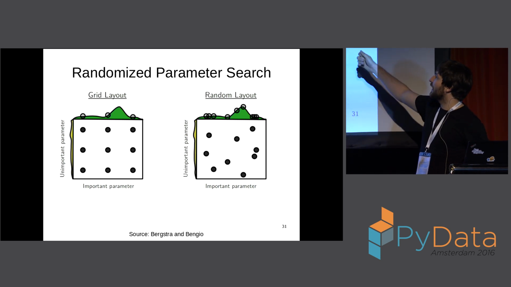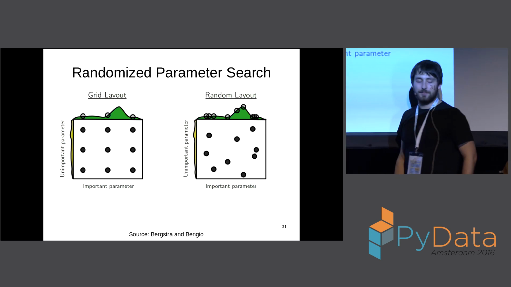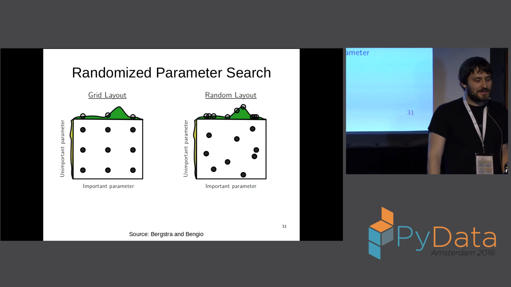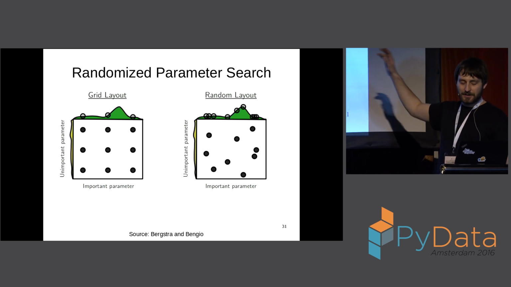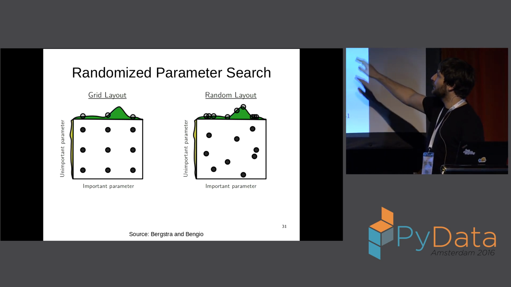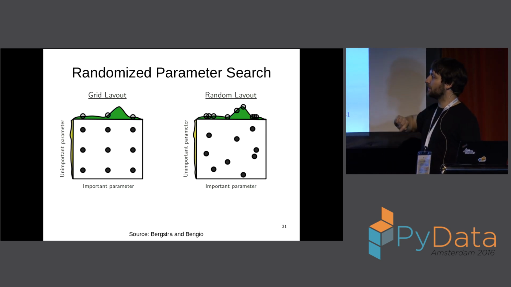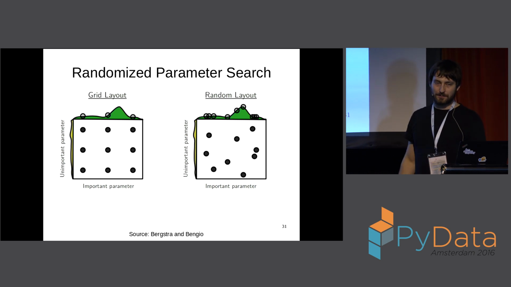Now with the randomized layout, you just sample from the important parameter and you sample from the unimportant parameter. Because these are continuous parameters, they will have a different value each time. So instead of having 3 values of the important parameter, you have 9 values of the important parameter.